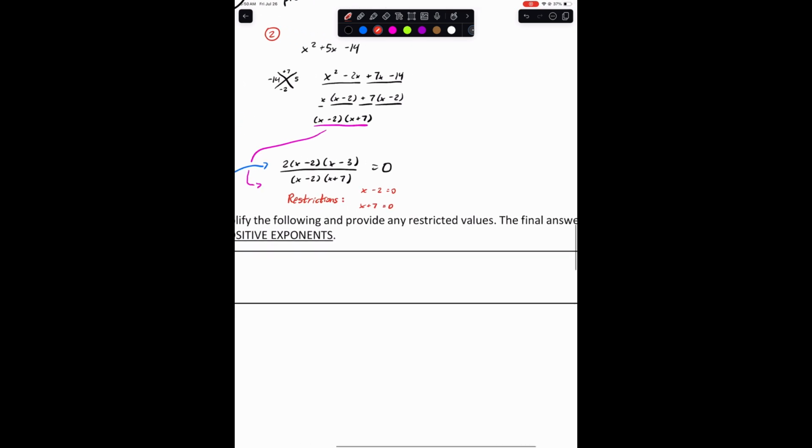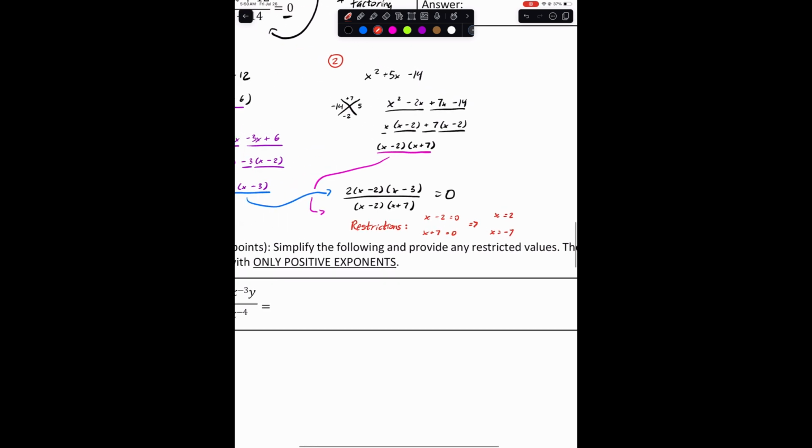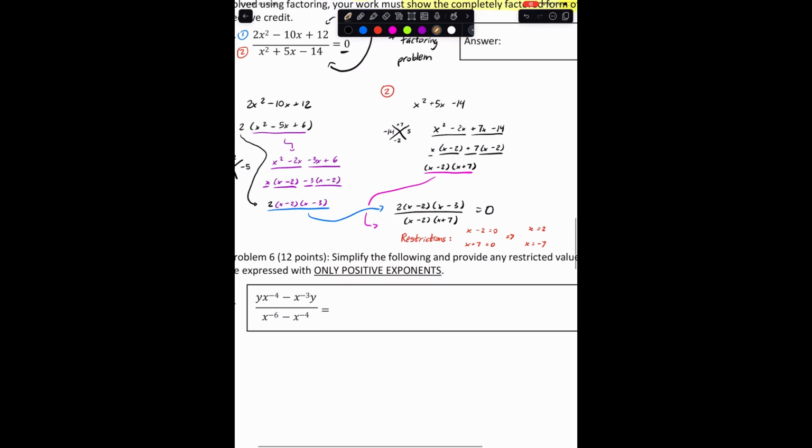And this gives me that x equals 2 and x equals negative 7 are restrictions, okay?